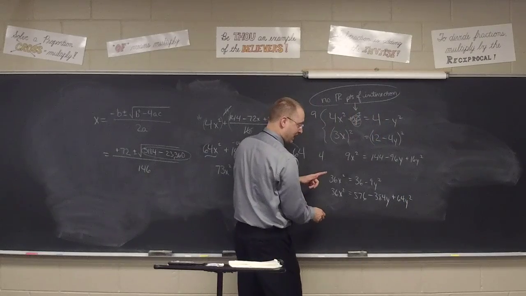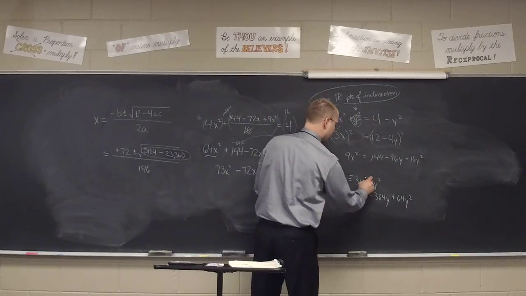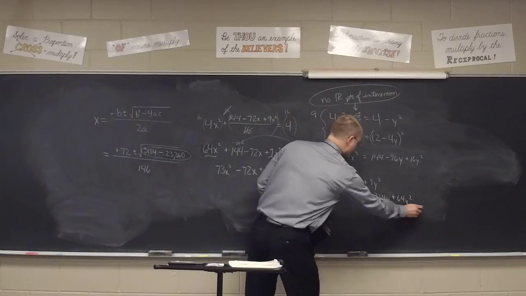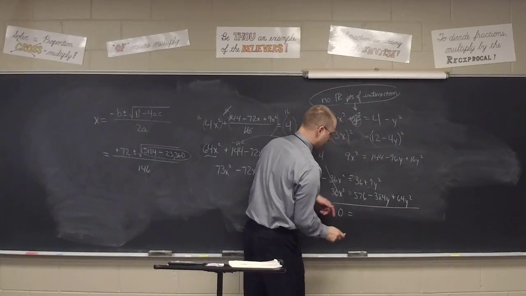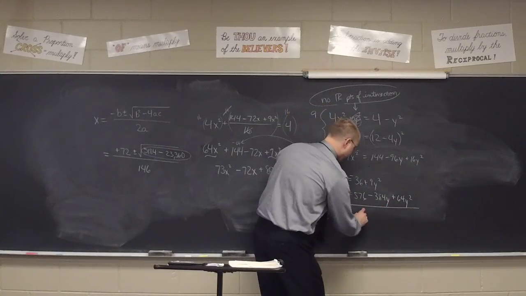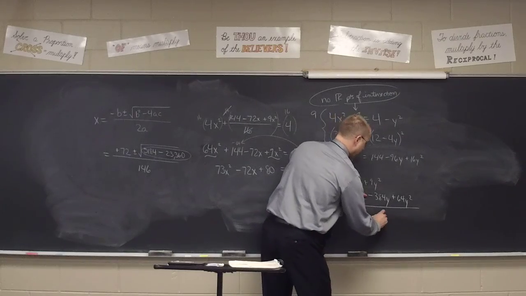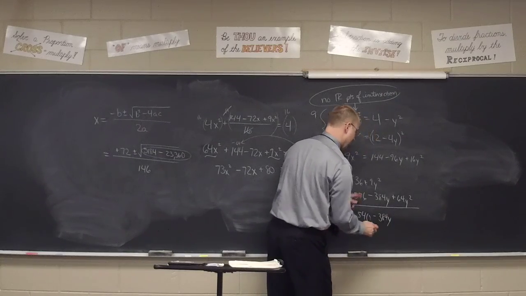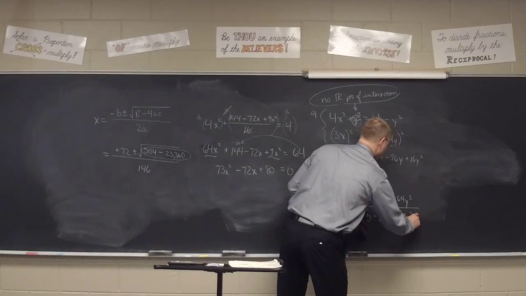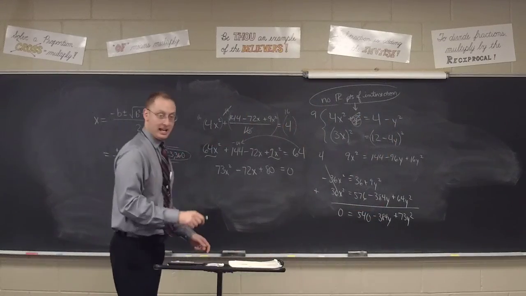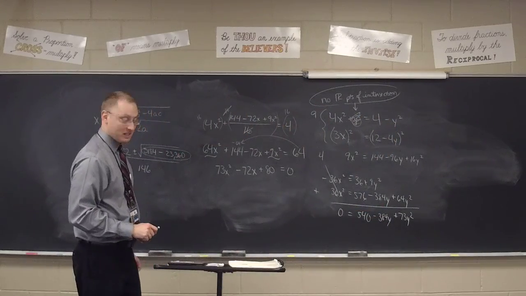And if I change the signs across the top and I add, then that'll allow this to drop out. I'll get 0 is equal to 540 minus 384y plus 73y squared. And now I can solve that quadratic. I forgot about the multiply.